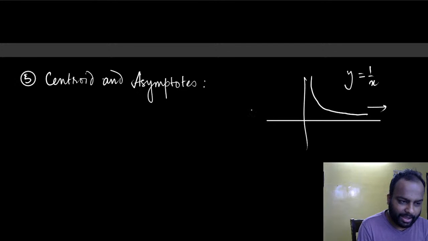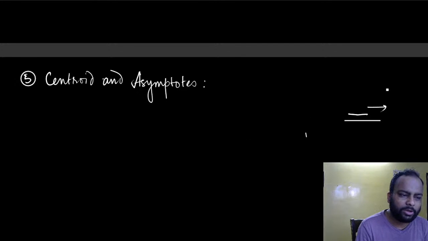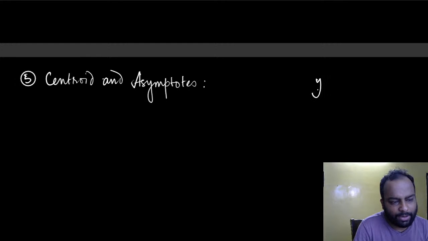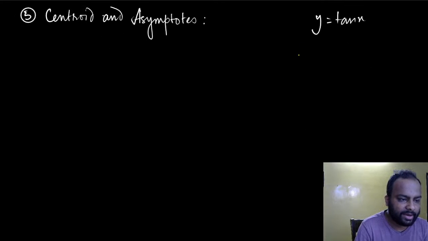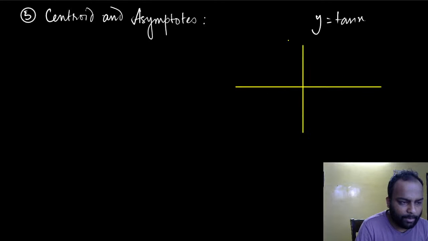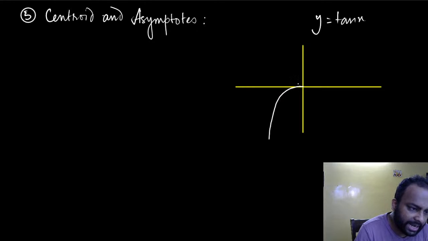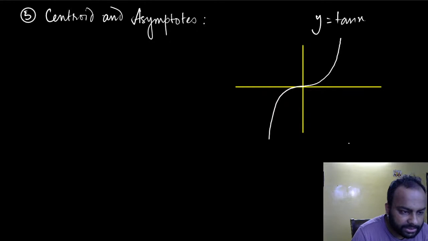Something like that. A more usual example: if I say y equal to tan x, you know how the graph looks. I'm only drawing it on the principal domain. The graph of tan x looks like this.